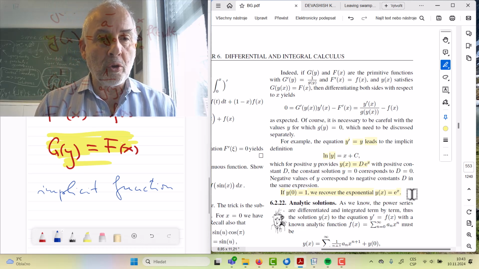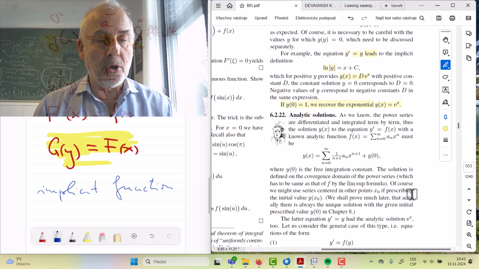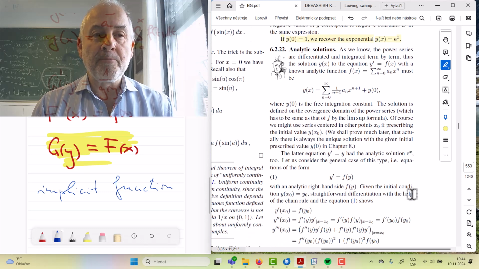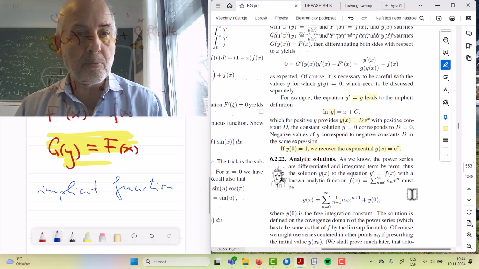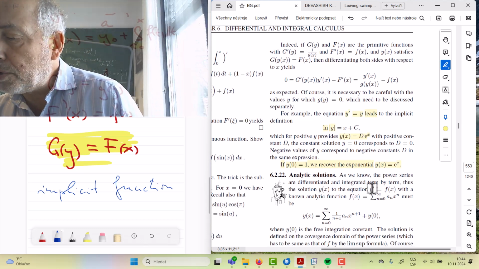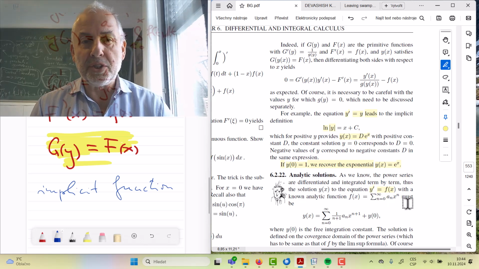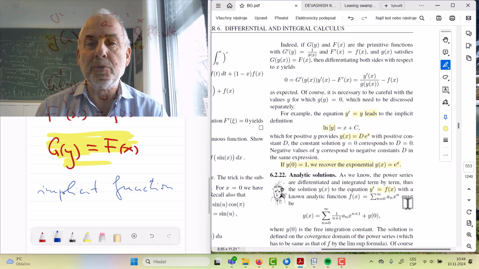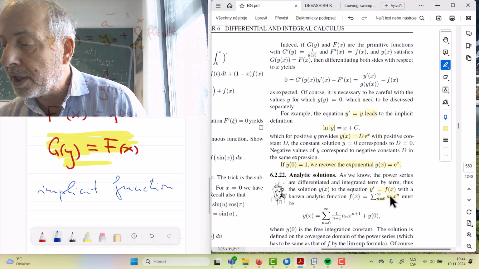And then one more comment. As I told, it's just a glimpse towards ODE, so I will not go into details here, but what about analytic solutions? So of course, if we deal with the integration task, which is considered to be a special case of ODEs, the separated variables, then of course we know that the power series, so if f is analytic, that means f is given by a power series, this one.